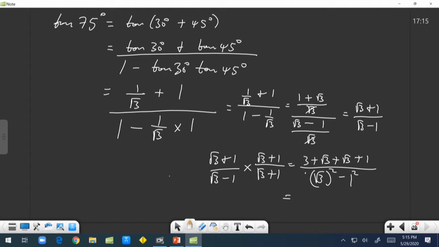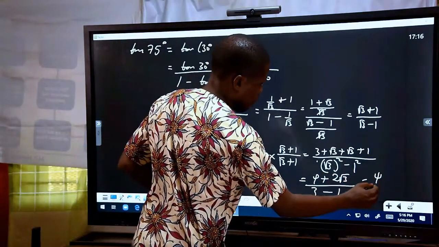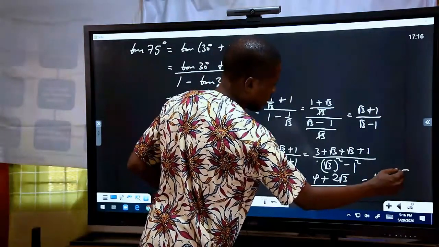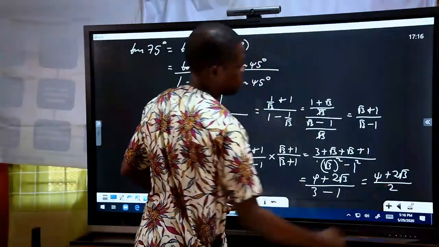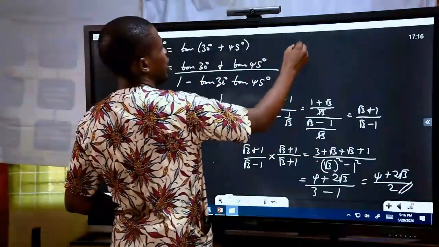So finally, we are arriving at the final answer. 3 plus 1 is 4. Add root 3 plus root 3, 2 root 3, divided by 3 minus 1. So finally, we have 4 plus 2 root 3 divided by 2. So can we leave the answer that way? No, because we still have something to simplify.